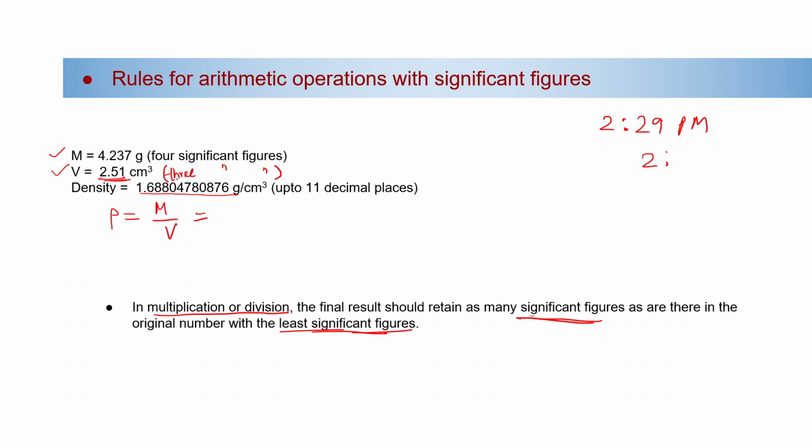So the rule, as I cleared this, is that the least significant figure here has three significant digits, so our final answer will also have three significant figures. So how will we remove this? It's not like I'll just say, okay, remove these many digits, because I have to keep only three significant figures, so I'll write 1.68 gram per centimeter cube and this is my answer.